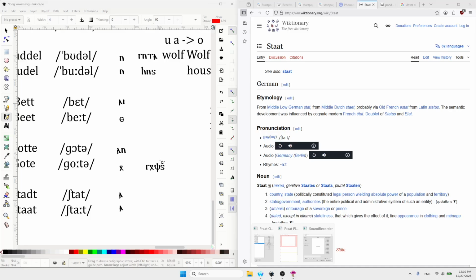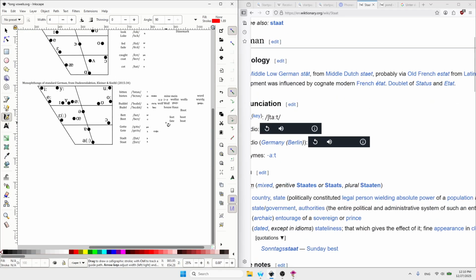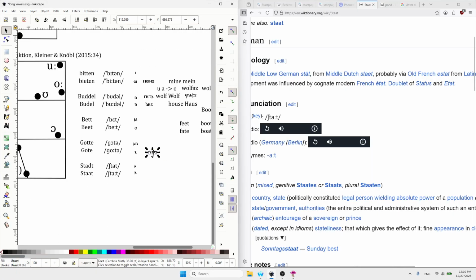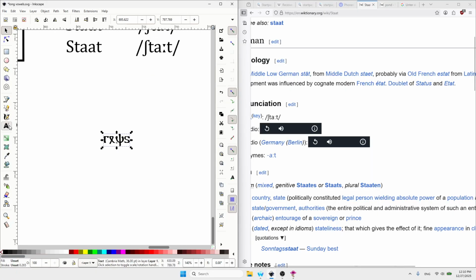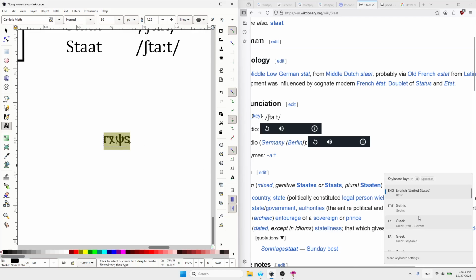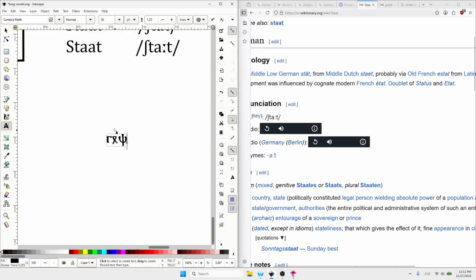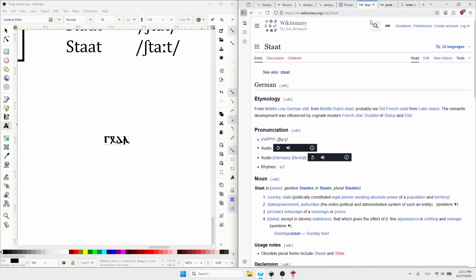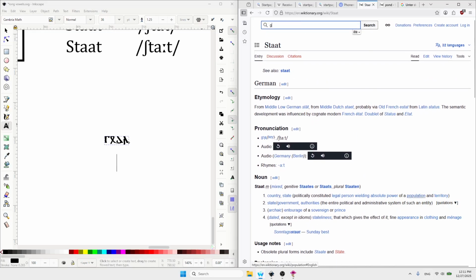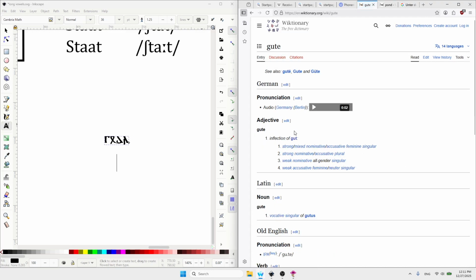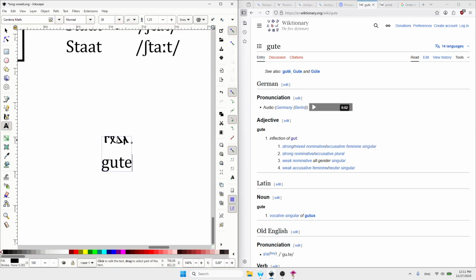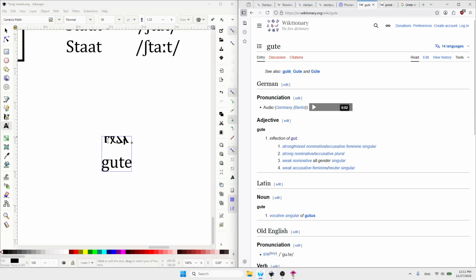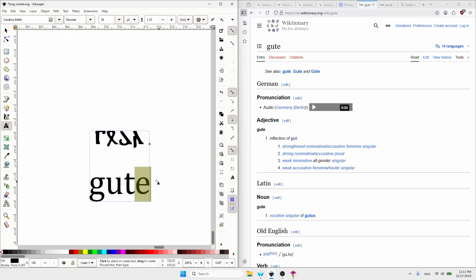Another thing to keep in mind that's different about German than Gothic is, for example, Rode corresponds to the German Gute, and you might notice that it's an A here and an E here, but the E actually represents a schwa.